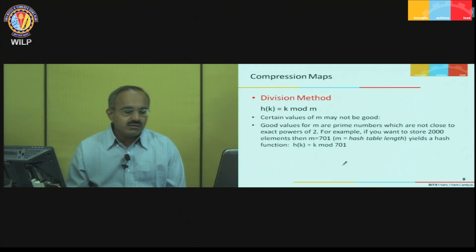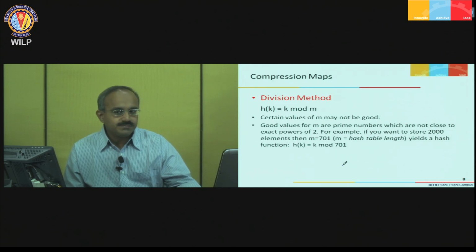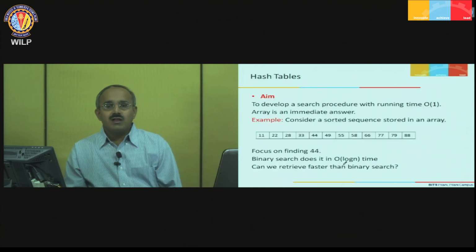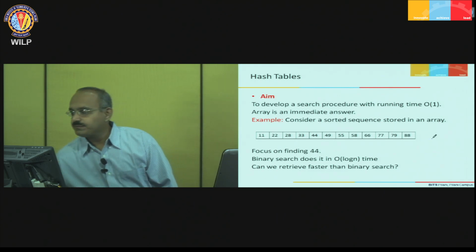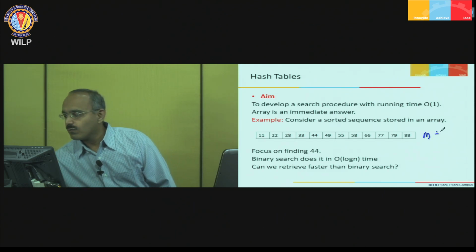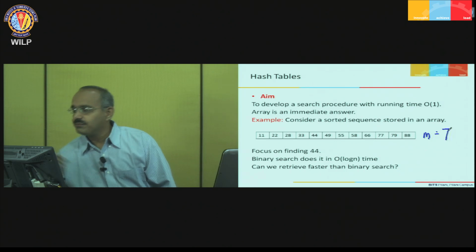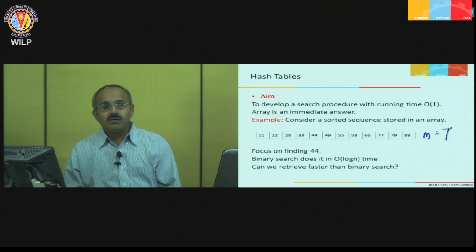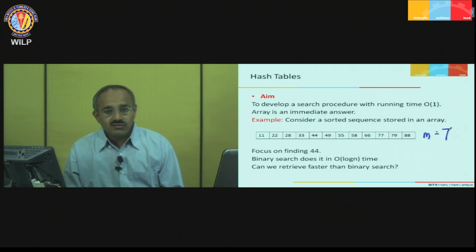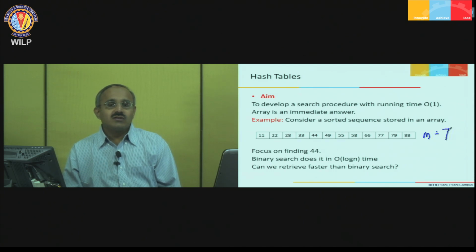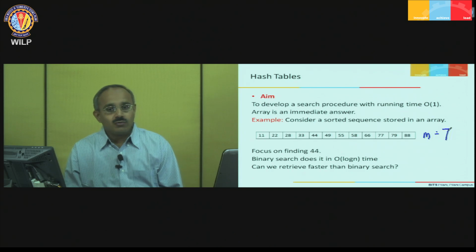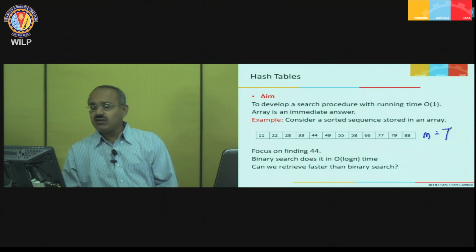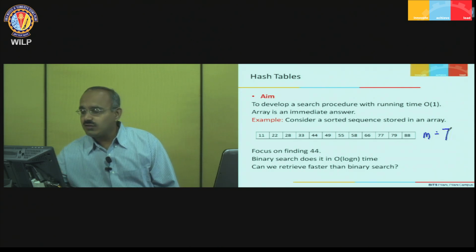For example, in the first example that we looked at, if you take your m to be say 7, I know 7 is a prime number. 7 is not such a good choice because 7 is very near to 8, which is 2 cube. 11 probably is a better choice, but anyway let us try to work with 7.